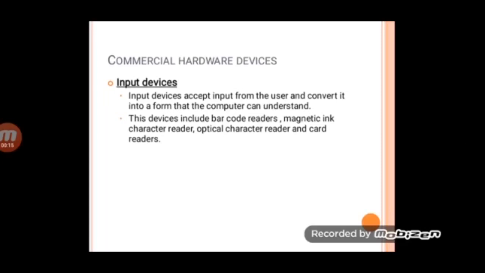Input devices accept input from the user and convert it into a form that the computer can understand. These devices include barcode reader, magnetic ink character reader, optical reader and card readers.